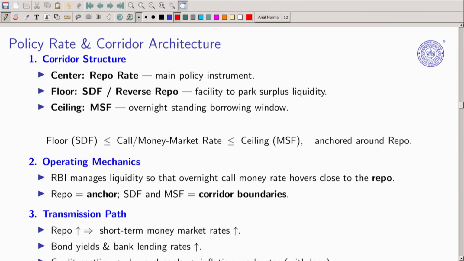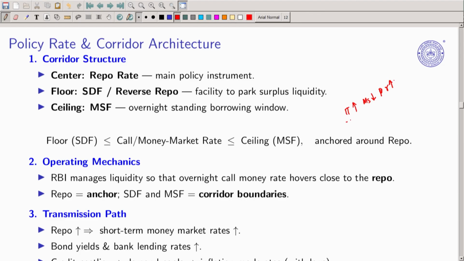Now, the operating mechanism. Whenever RBI tries to manage liquidity, whenever RBI feels that inflation, denoted by pi, is increasing, which means that money supply has to come down, and as a result the rate of interest has to go up.